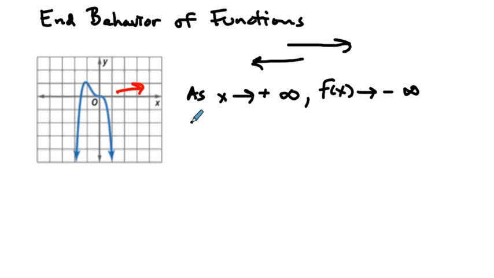Then as you go to the left, as x approaches negative infinity, going this way, y, our f of x, is also going towards negative infinity. The left-hand side is doing the same thing as the right-hand side.